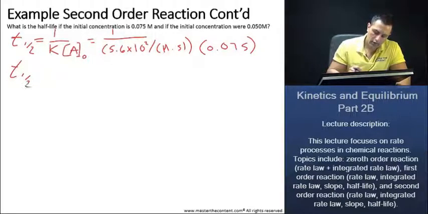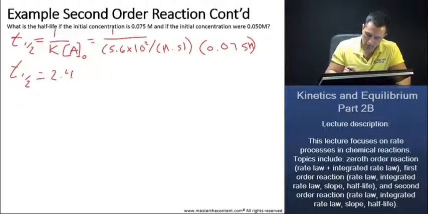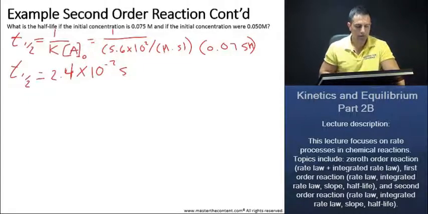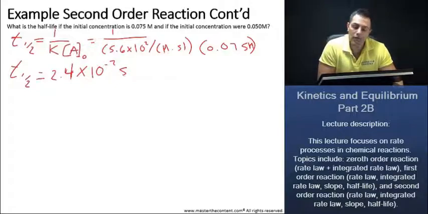This is going to give us a half-life value here of 2.4 times 10 to the power of 2. Now let's see what our half-life would be if we did an initial concentration that was 0.05.